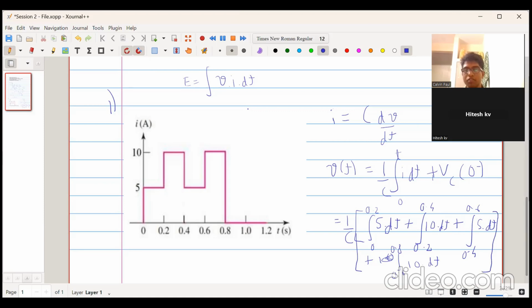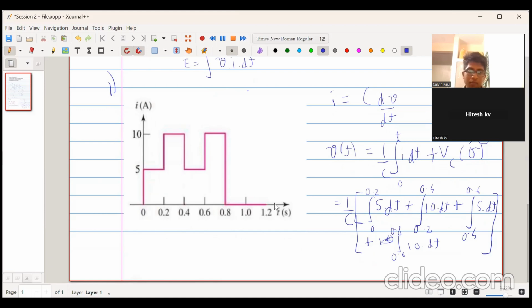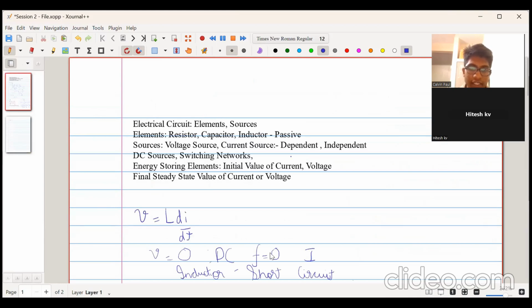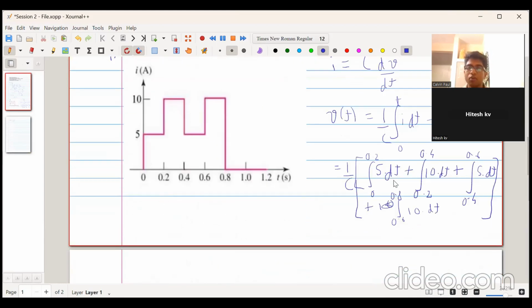They have given Vc of 0 minus equal to 0 because the capacitor is initially discharged, so we can ignore that. Finally, the voltage across the capacitor is 1 by C into the integral of 5 dt. If I integrate this 5 dt, what will I get?